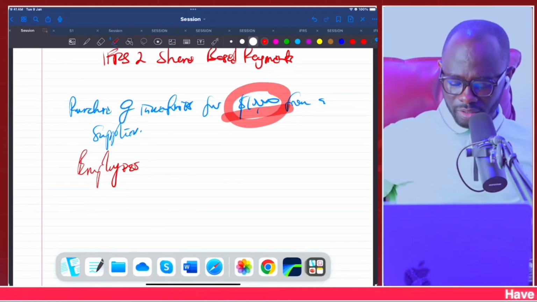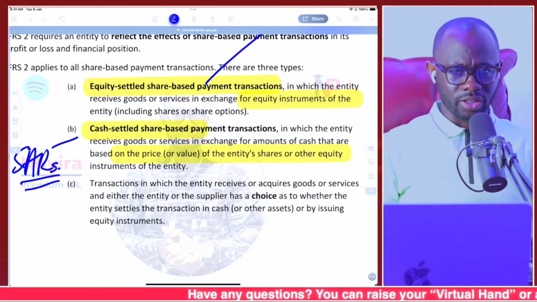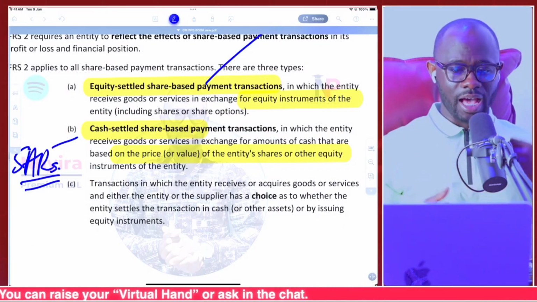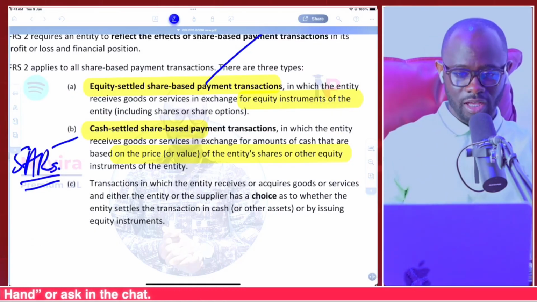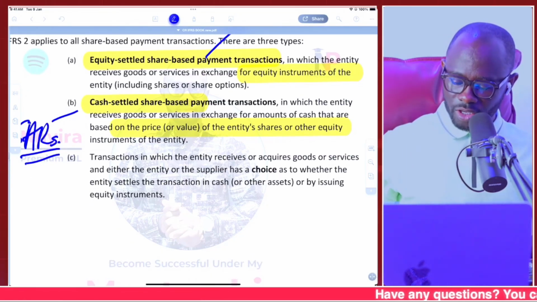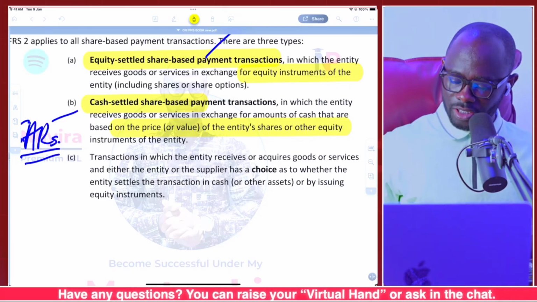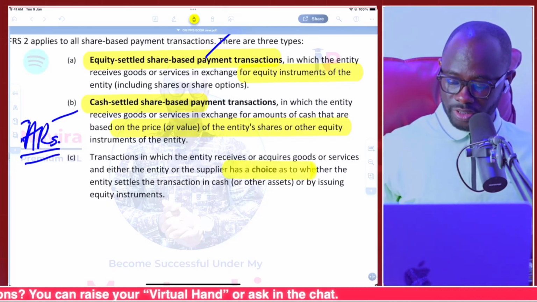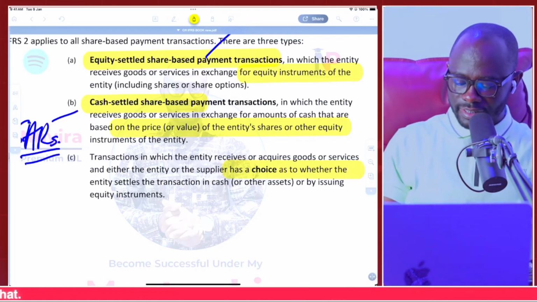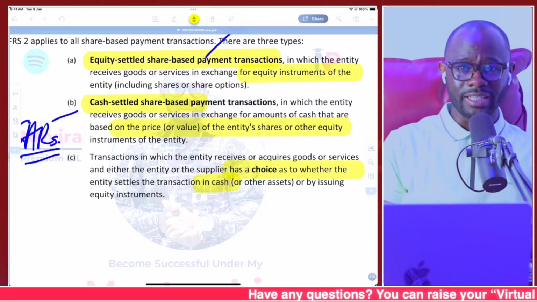The third type of share-based payment is where the third party in question has the right to choose between either they will get money or they will go for equity shares. That's the third type. Transactions in which the entity receives or acquires goods or services, and either the entity or the supplier has the choice as to whether the entity settles the transaction in cash or by issuing equity shares.